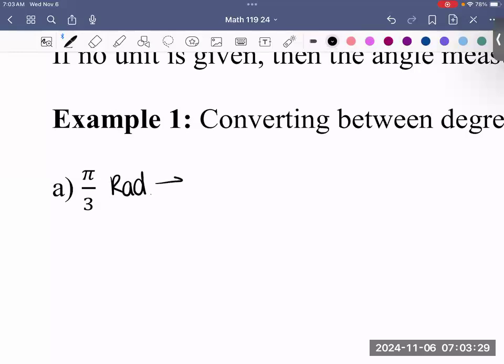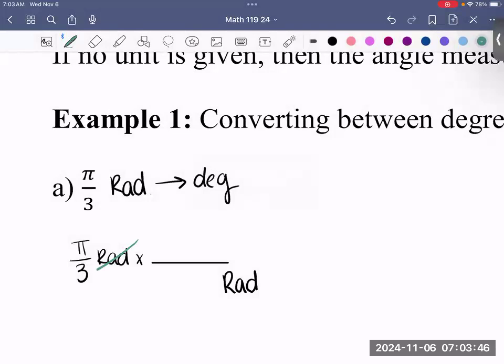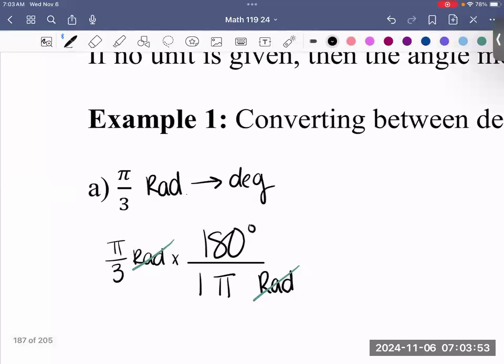So if we want to go to degrees, we have pi over 3 radian times, and how do I get my radians to cancel? I need a radian down below, so my radian and radian can cancel. So I have 1 pi radians down below and 180 degrees above.